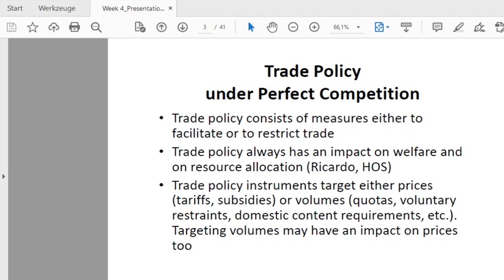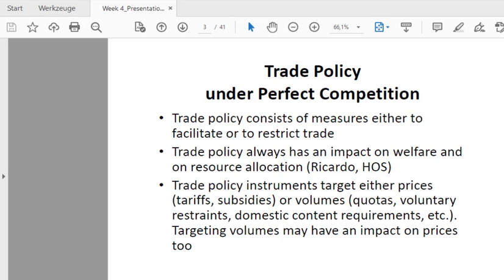Trade policy consists of measures either to facilitate or to restrict trade. This is, I think, easy to understand because trade between countries is not something that happens overnight.